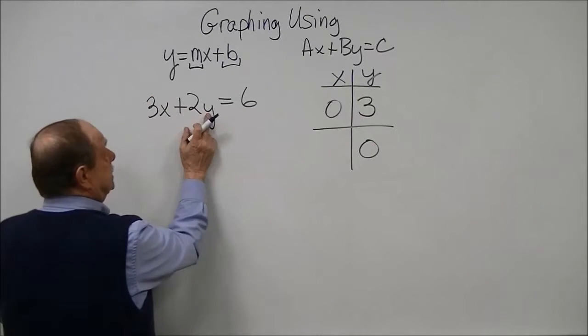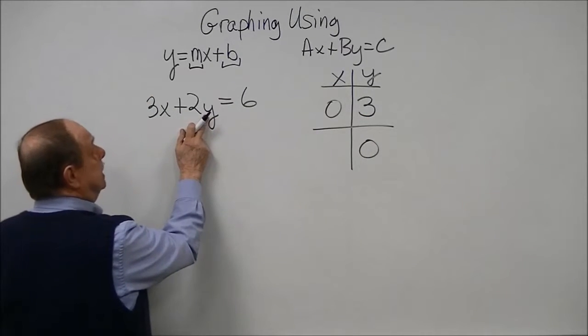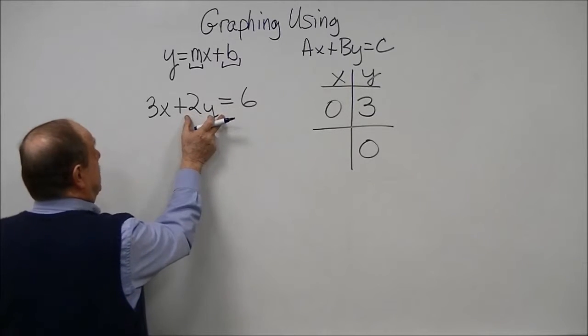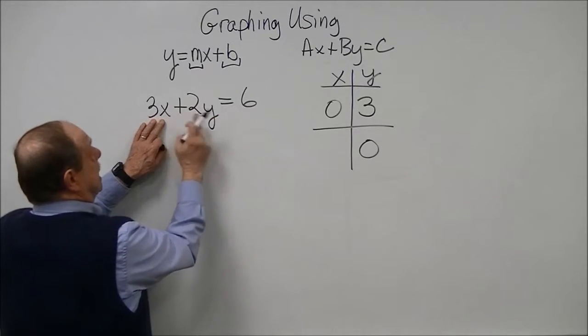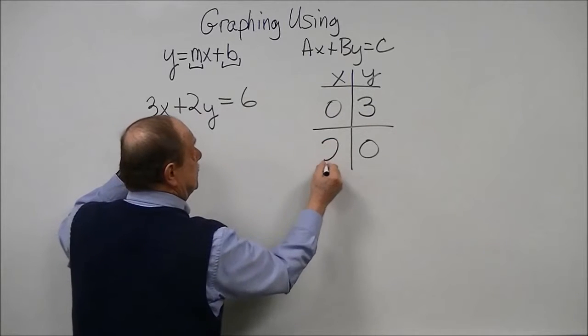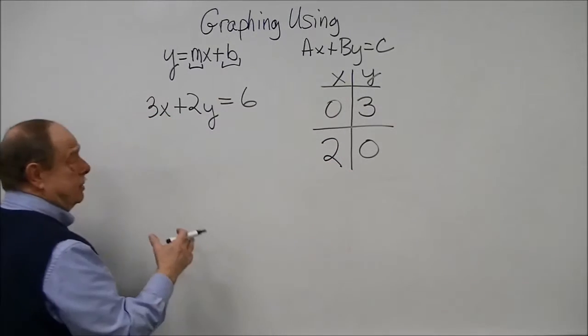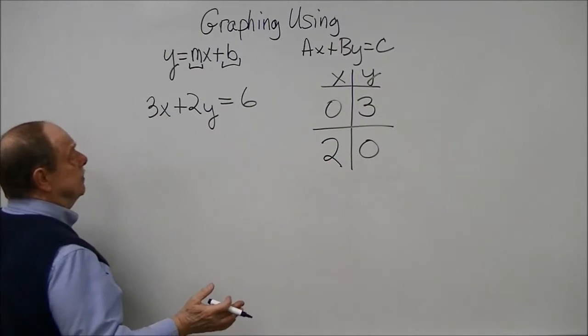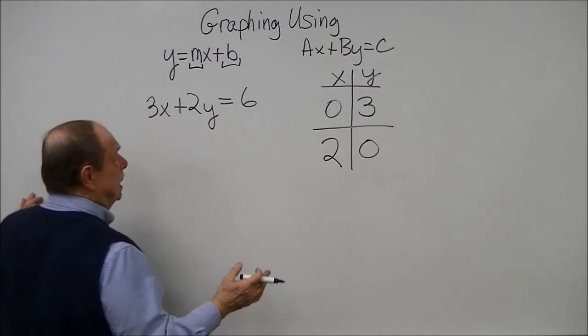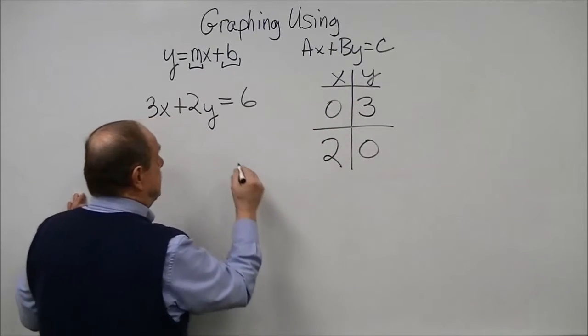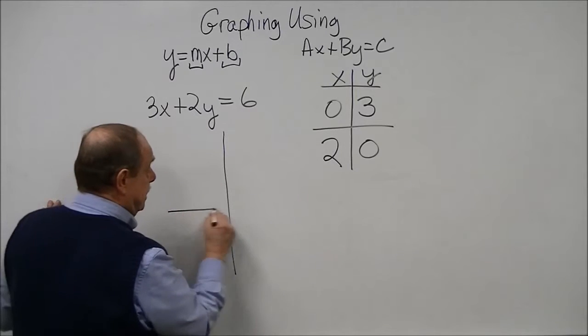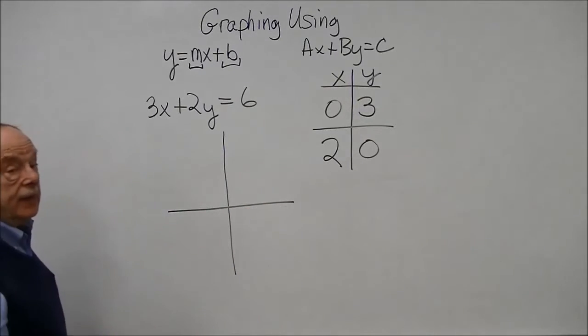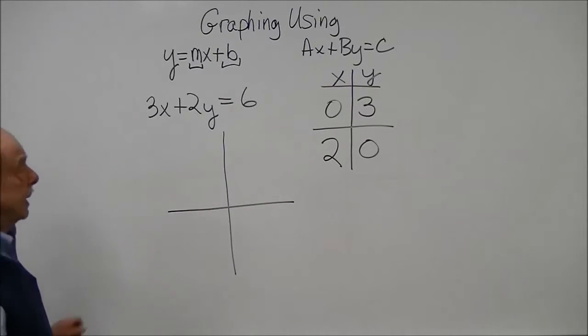And if y is 0, 2 times 0 is 0. You're going to divide both sides now by 3 and get 2. So again, you have to be careful of the signs, check your work, but using this x and y t-chart, and in some cases they're going to ask you to find the intercepts.